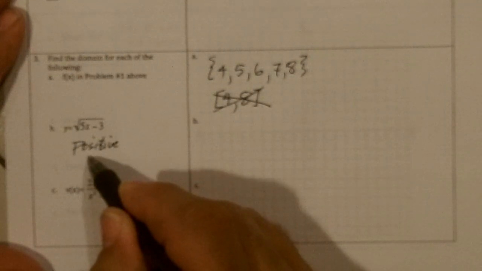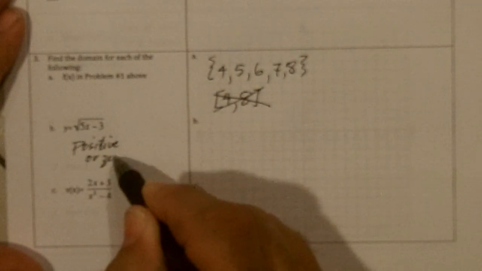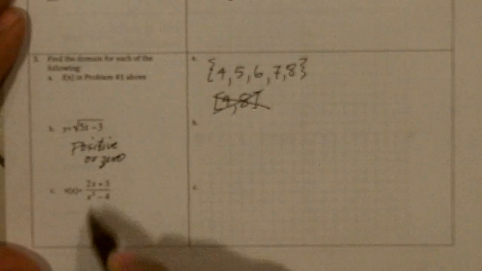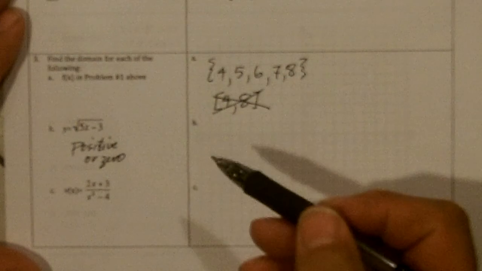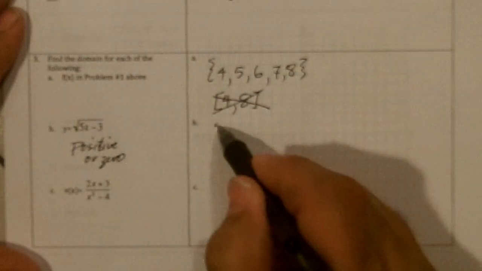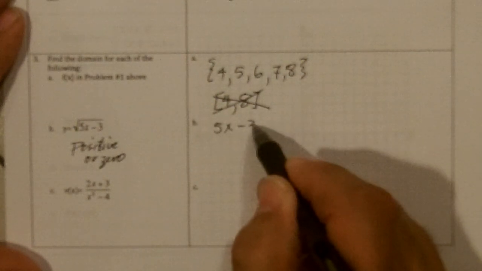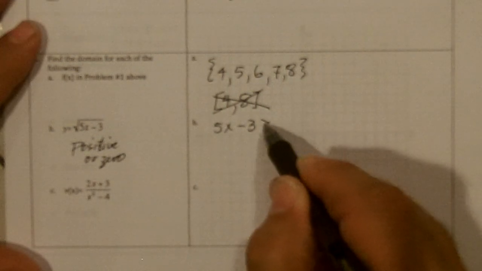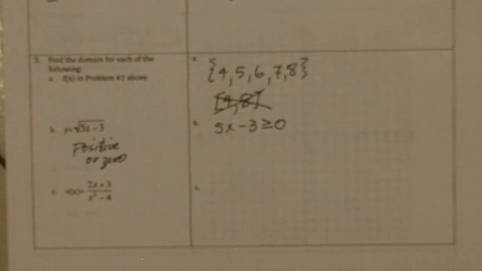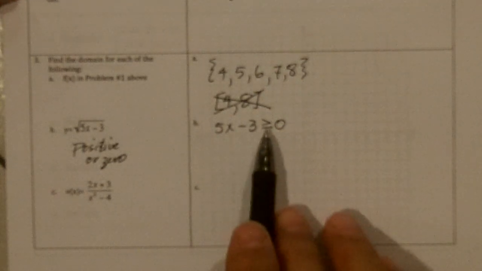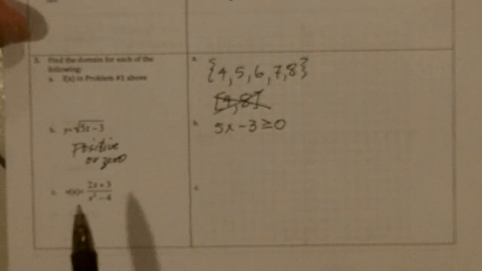Positive or 0. Just can't be negative. So the way you say can't be negative is it's 0 or bigger. So I say 5x minus 3 has to be greater than or equal to 0. And then I solve this. You have to remember when to flip the sign and when not to.